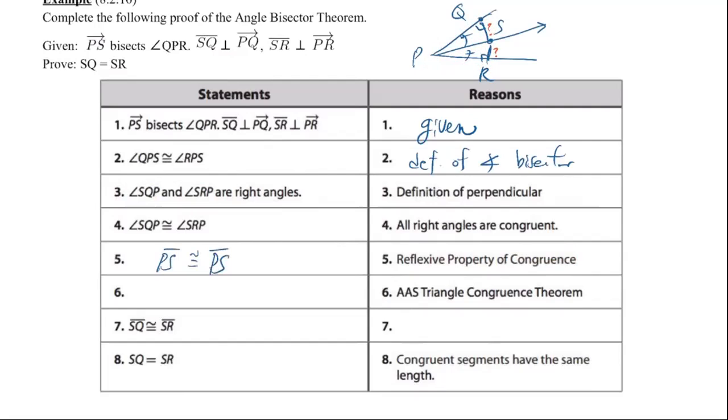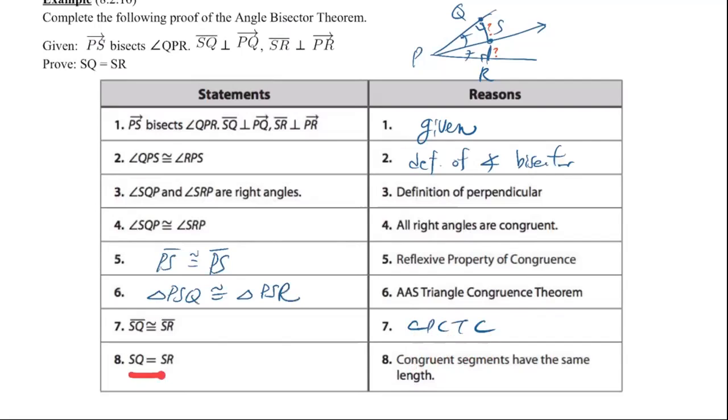So we got angle, side. Okay, so the triangles are congruent. So let's go with triangle PSQ is congruent to triangle PSR, right? And we know that SQ is congruent to SR. That is CPCTC, to say that corresponding parts of congruent triangles are congruent, right?